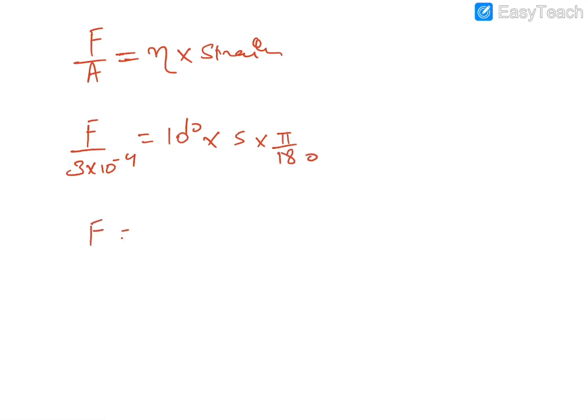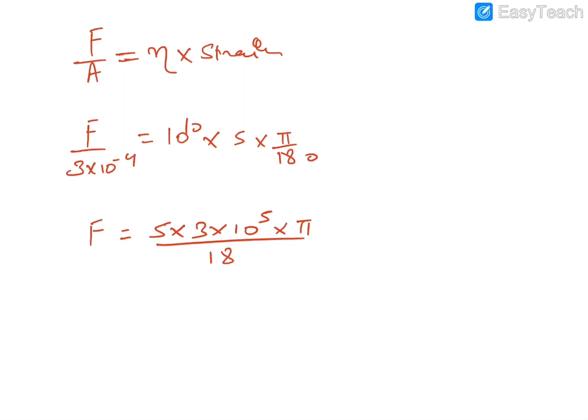So F will be equal to 5 into 3 into 10 raised to power minus 4 into 10 raised to power 10 into pi divided by 180. Because 10 raised to power minus 4 into 10 raised to power 10 will be equal to 10 raised to power 6, and 10 raised to power 6 upon this 0 of 180 will be 10 raised to power 5.